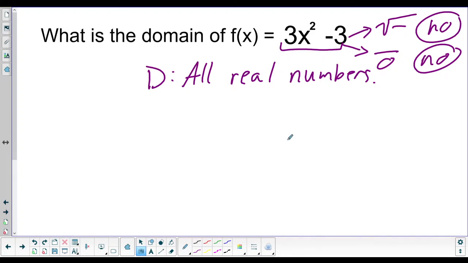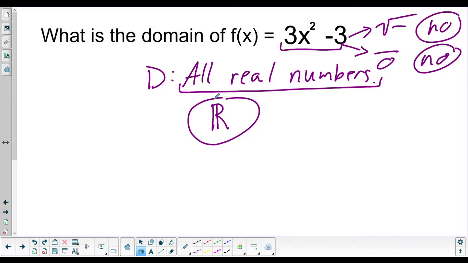Okay. There's a symbol for this. The symbol for all real numbers is a capital R, except this left bar has 2 lines. So you might see it either way. It might either be the phrase all real numbers, or it might be the symbol for all real numbers, the double R.